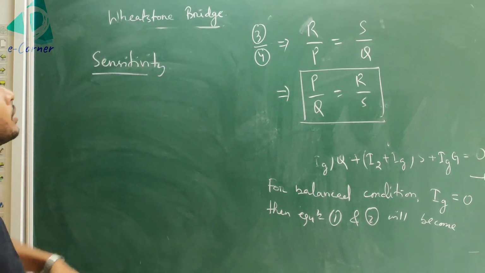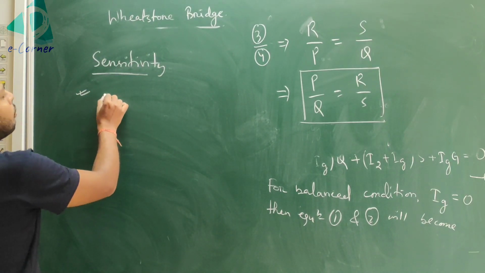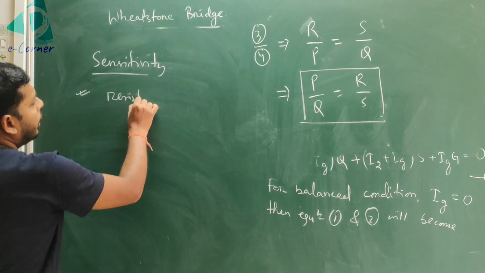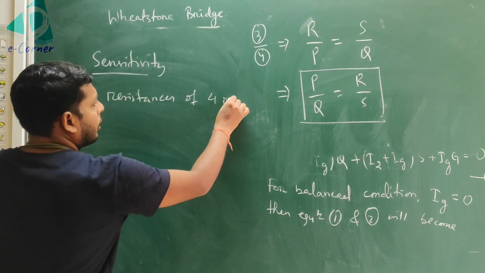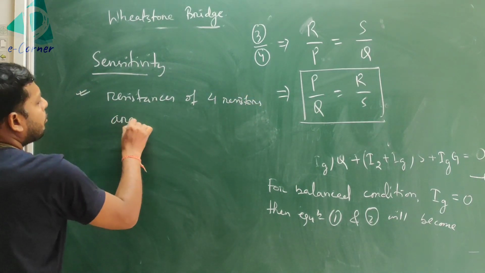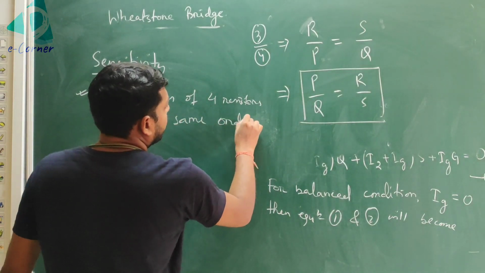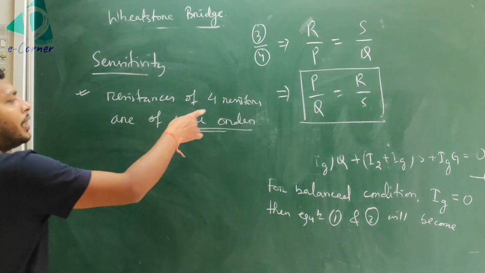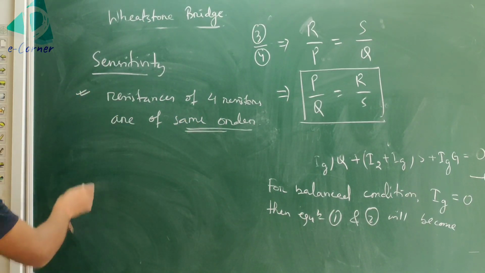Sensitivity of Wheatstone bridge can be better when the values of resistances of the four resistors are of the same order. When the resistances of all resistors are of the same order, at that time sensitivity will be more.